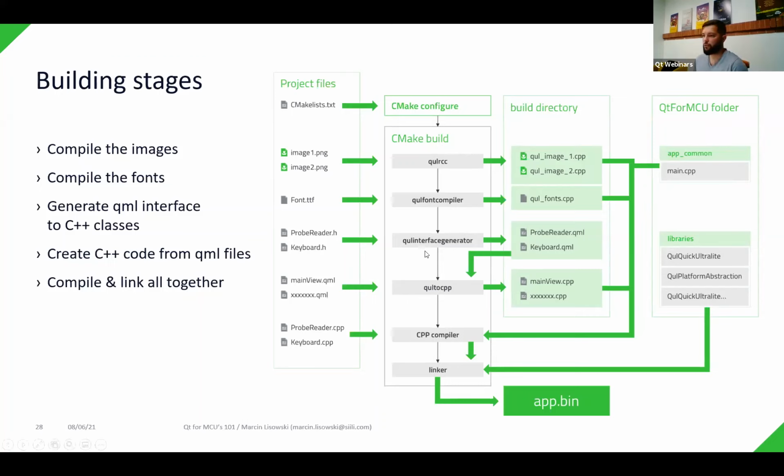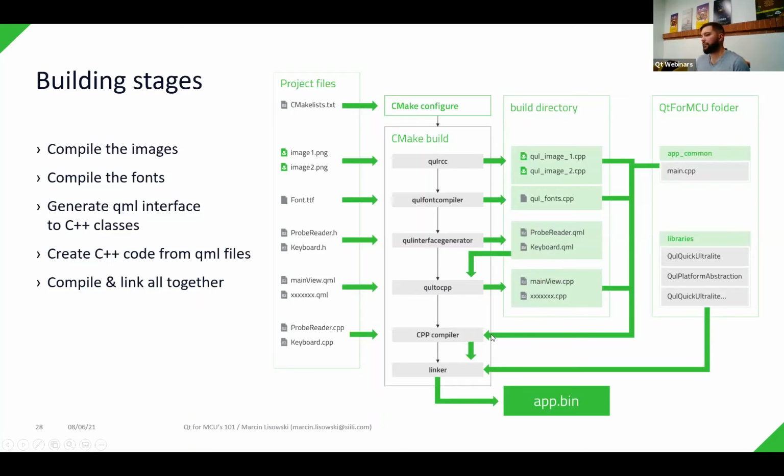The Ql to CPP tool converts your QML files, and the interface representations from the previous step, and on the output we have another set of C++ files with the definition of all of those UI-related things from the QML.